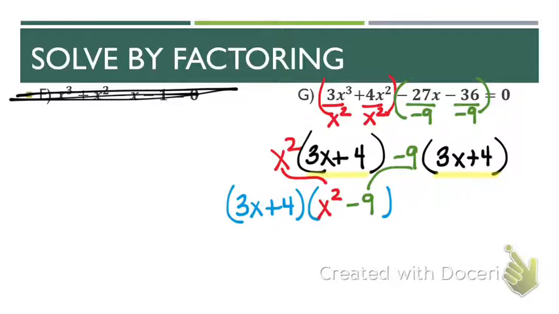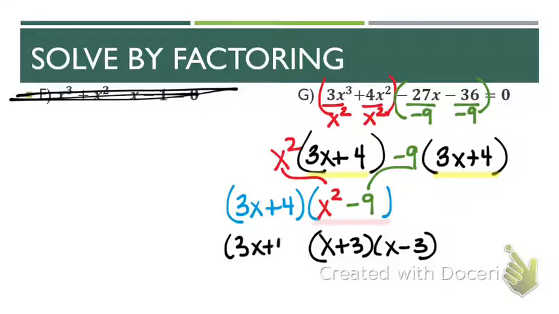X squared minus 9 can be factored down again to the difference of squares. So that factors down to x plus 3 and x minus 3. And then you have 3x plus 4. Go ahead and set all three of these factors equal to 0 to get your three solutions. So your first one is a fraction and the other two are not.